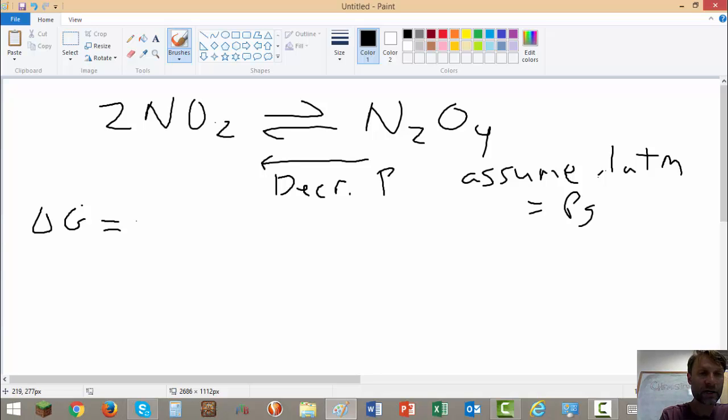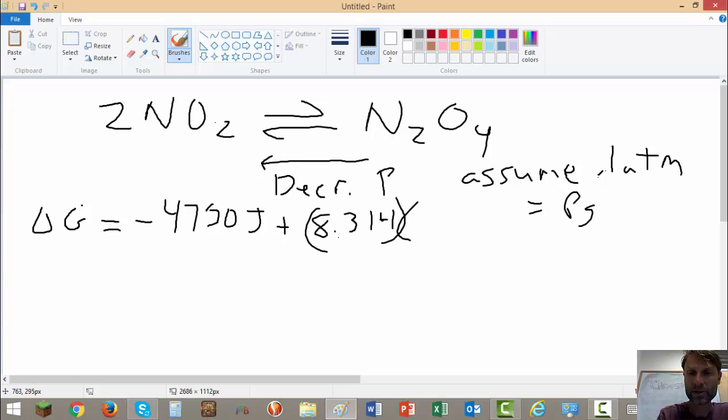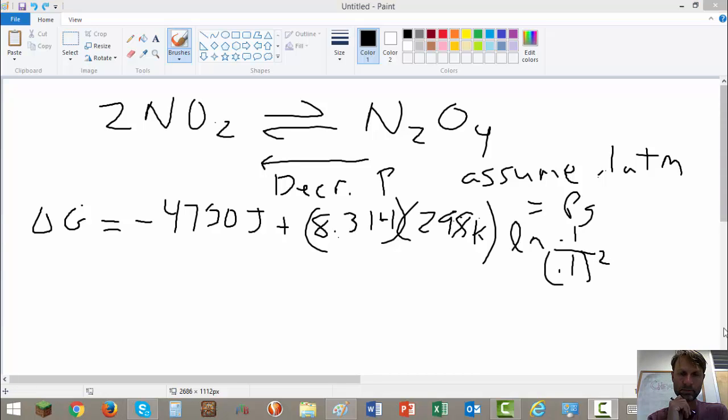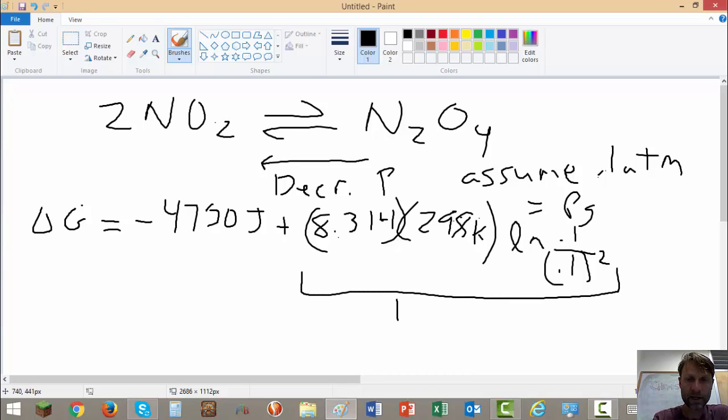So now delta G equals minus 4750, the delta G0, plus 8.314 times the temperature, 298, times the natural log of the product, which is 0.1, over the reactant, which is 0.1 squared. See, now the natural log of a number greater than 1 is positive, making this whole term positive at plus 5705.